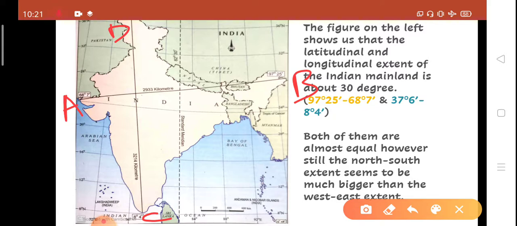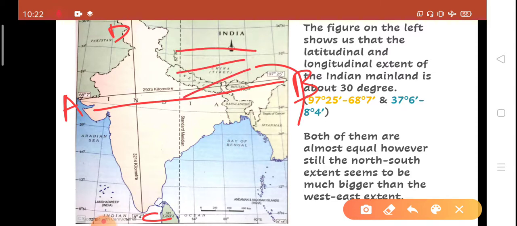Now, the longitudinal extent CD and the latitudinal extent AB, sorry, I confused both of them, both have a very important significance. The latitudinal extent AB has an important significance. All of us know that the sun rises from the east, that means from this part. And for the sun rays to reach from B to A, it takes almost 2 hours.